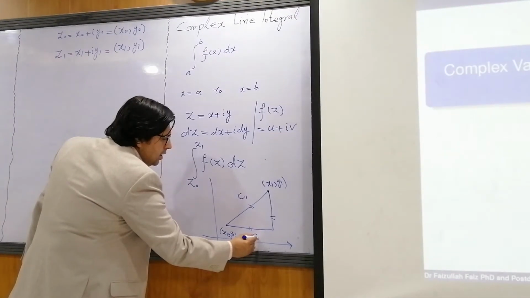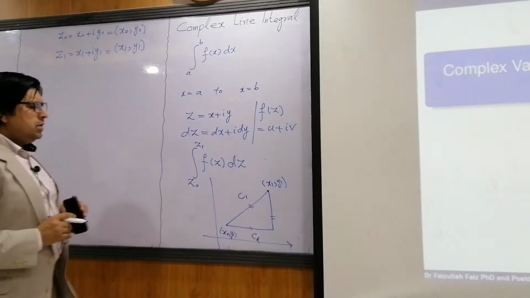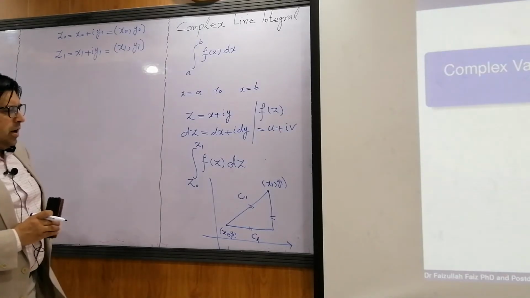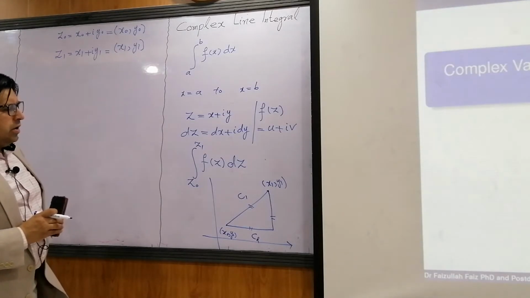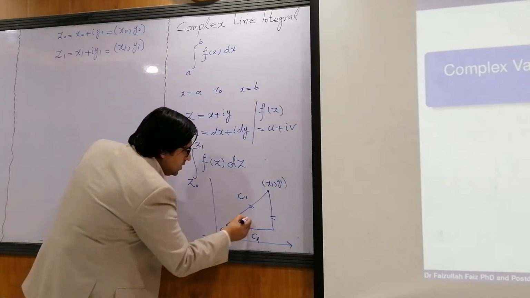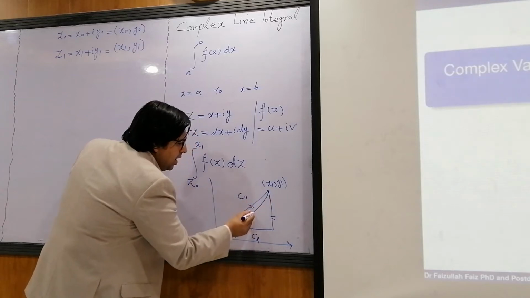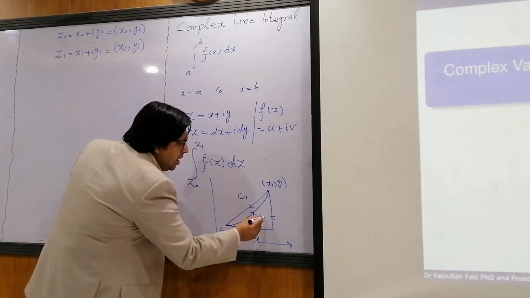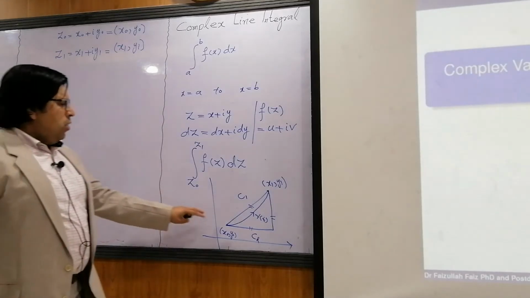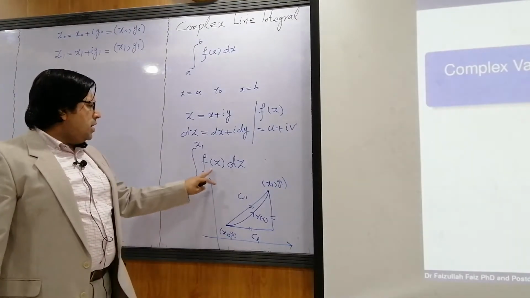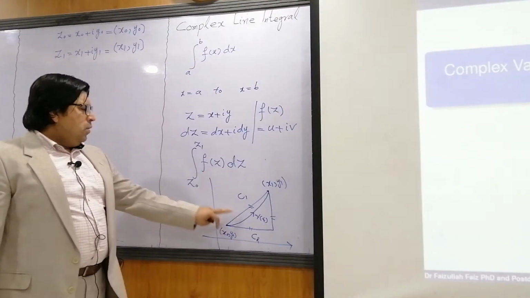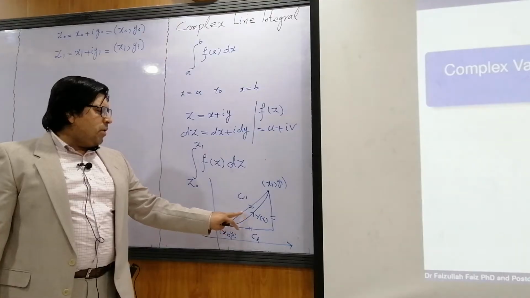Let us say that this path is C2. This is the curve C2. Similarly, I can also integrate with respect to another path. Let us say this path is r of t. So you can see that we have many options to find the complex integral. That is why for each complex integral, we always need some particular path.